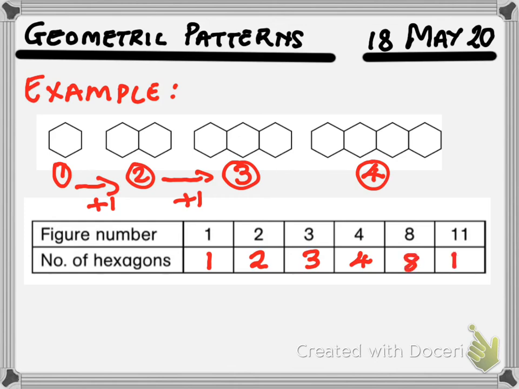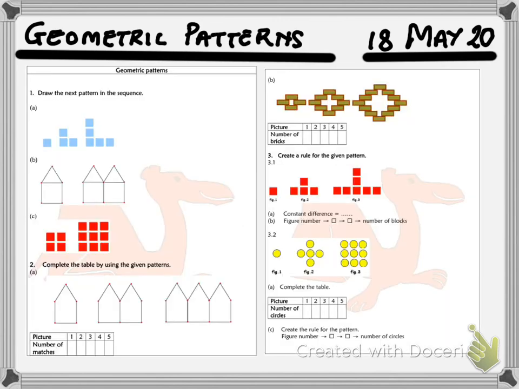Number 11, 11 polygons, right? Now I'm going to give you an activity, I think 2, and you're just going to do that for me. So the main focus was to know how to extend a given geometric pattern by observing, right? So remember to pause the screen, copy, and then you can play the video again.